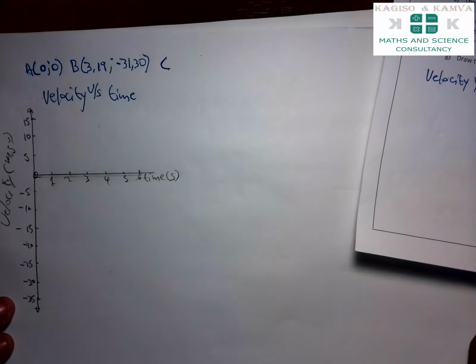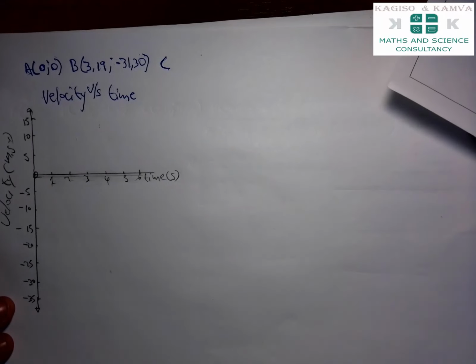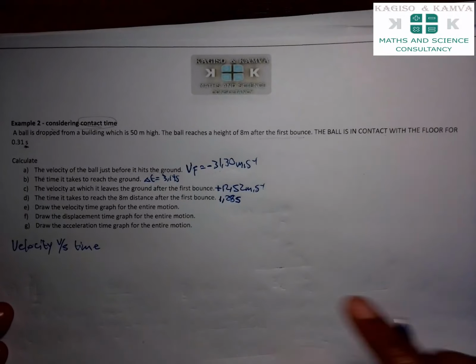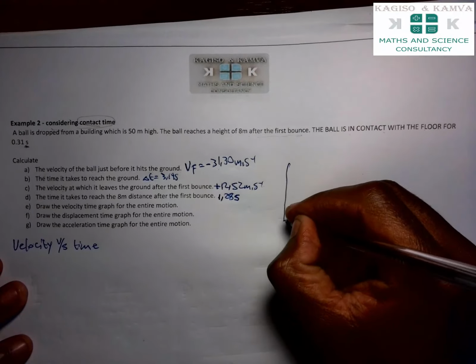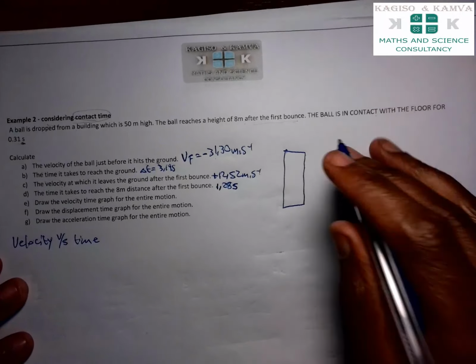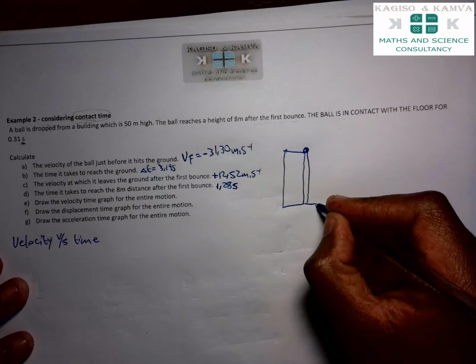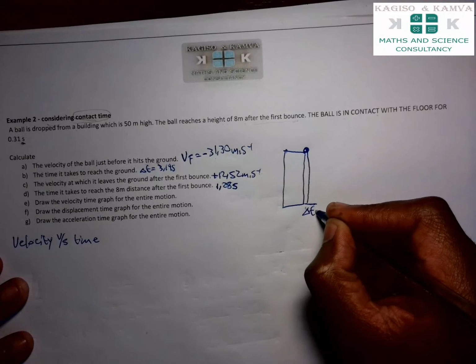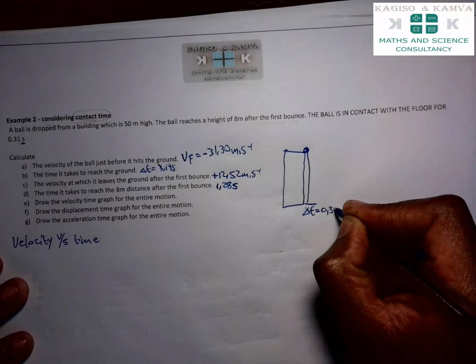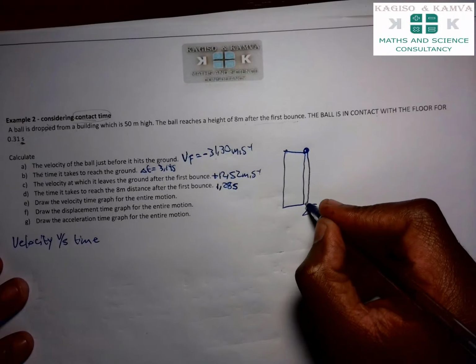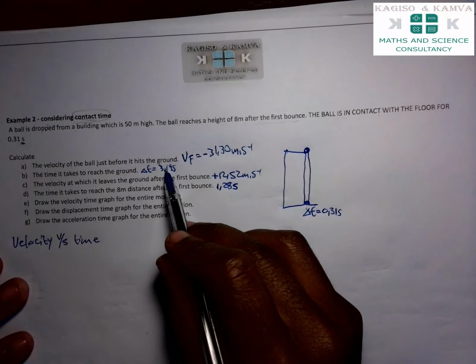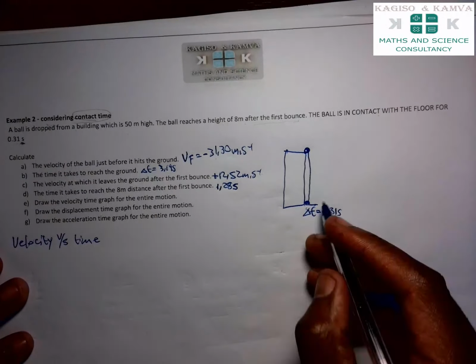Now we come to C. What is happening is this ball is dropped there, and for some time there is a contact time which is equal to 0,31 second. It reached the ground after 3,19 seconds.